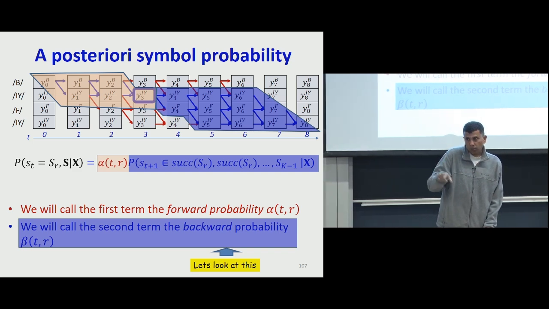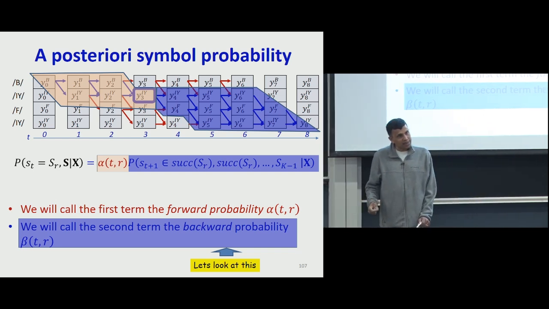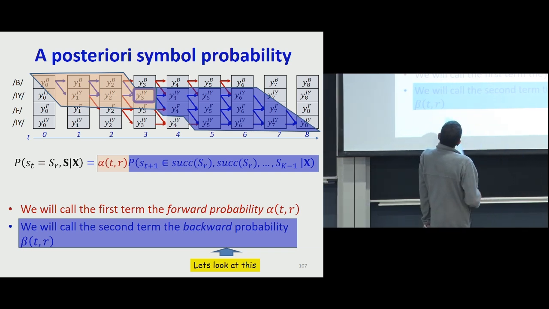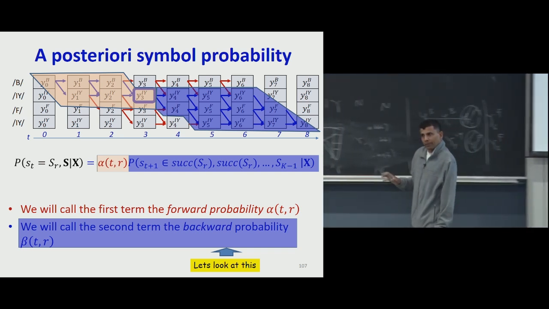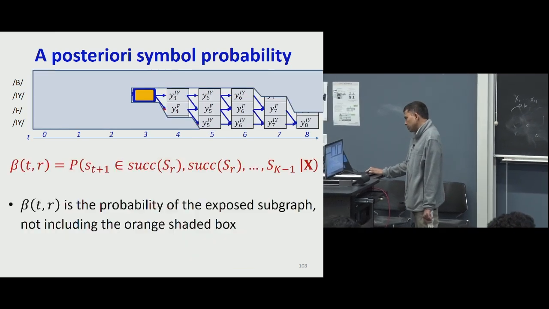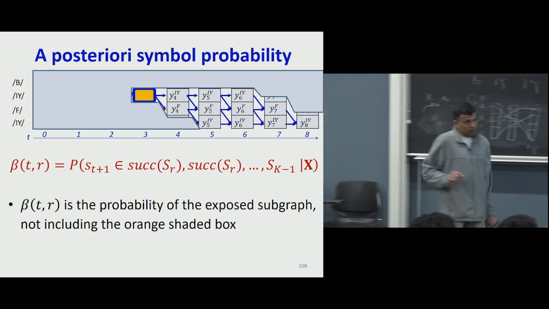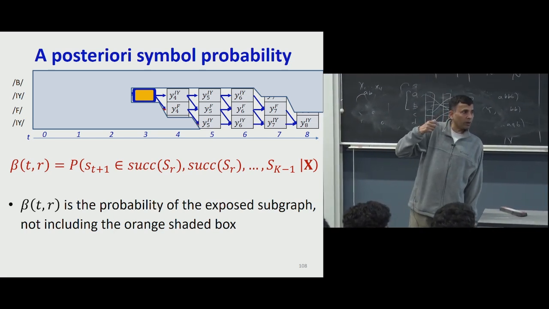So over here you can see the blue path doesn't actually include the term that's being indexed, right? So clear? And now beta tr is the probability of the exposed subgraph over here, but not including the orange box, because the orange box is already accounted for when you're going forward.